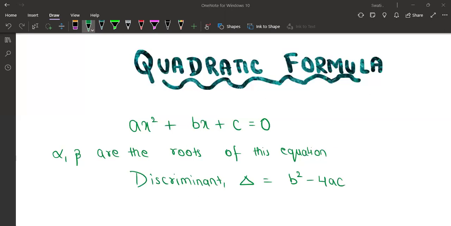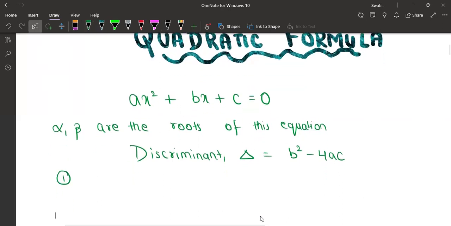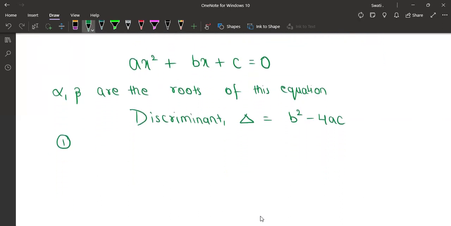Now there are certain conditions on whether the roots are going to be real, distinct, and so on, covering every case. That is why we will have three conditions. First is when the discriminant is strictly greater than 0. What is the meaning of discriminant? I have already written it over here, which is b square minus 4ac.